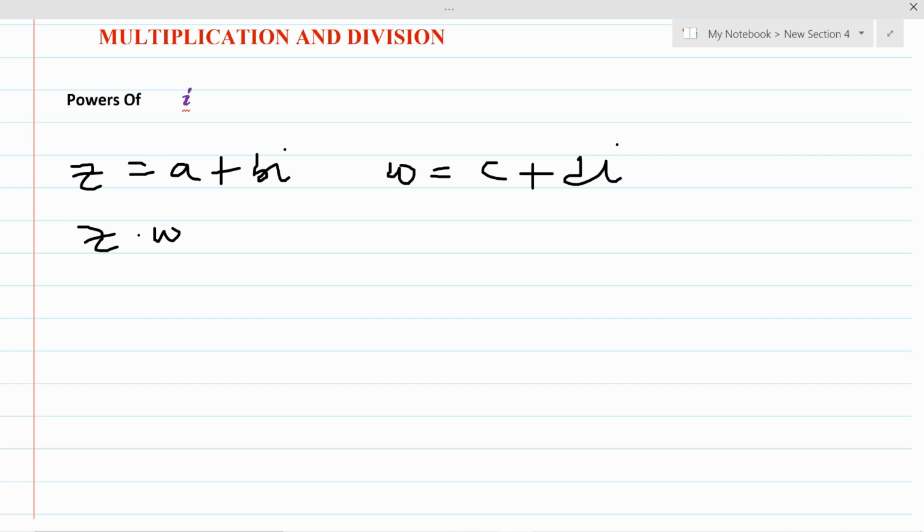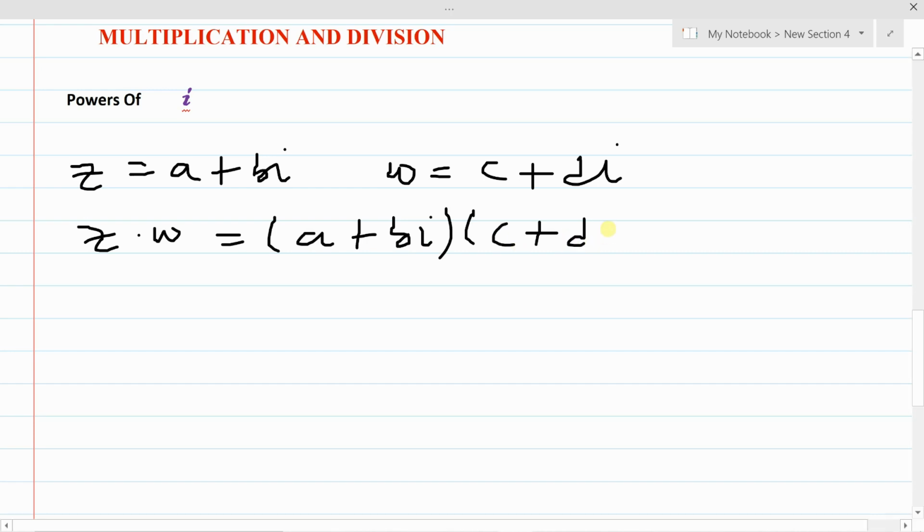This is very, very simple, because the multiplication is simply multiplying like we know in normal algebra. Just a plus bi, you write it, then times c plus di. So in doing this multiplication, you just expand the brackets the way of doing normal algebra expansion.